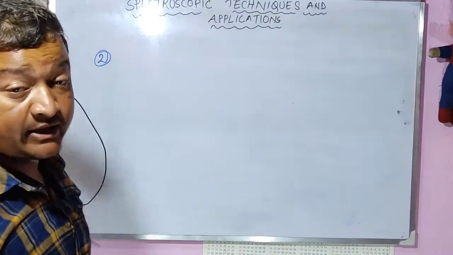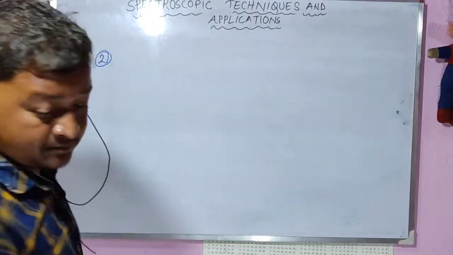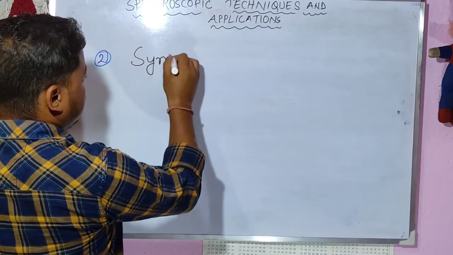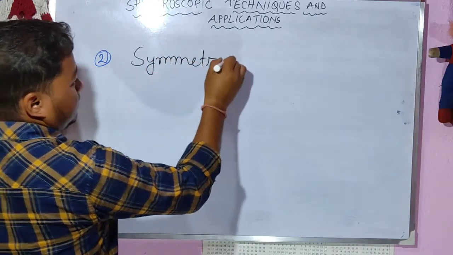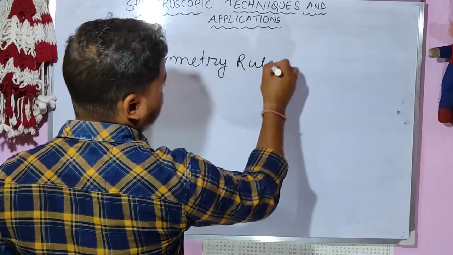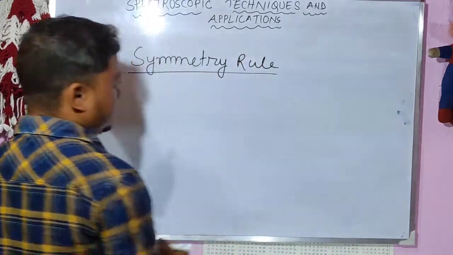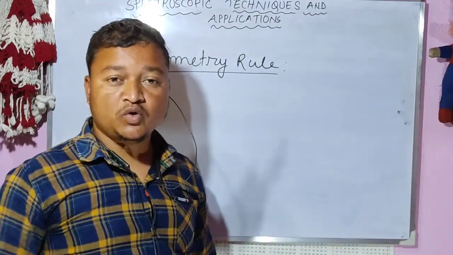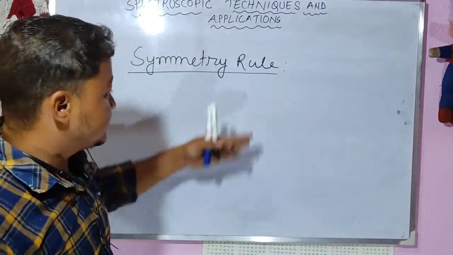The second selection rule is the symmetry rule. The symmetry rule is that there is no change in symmetry during transition.